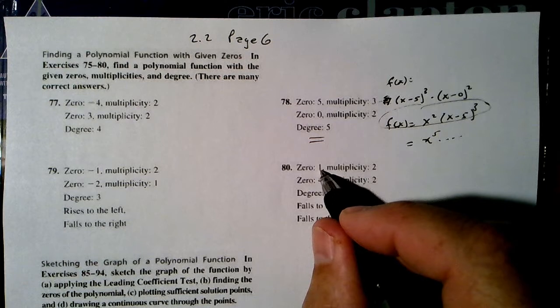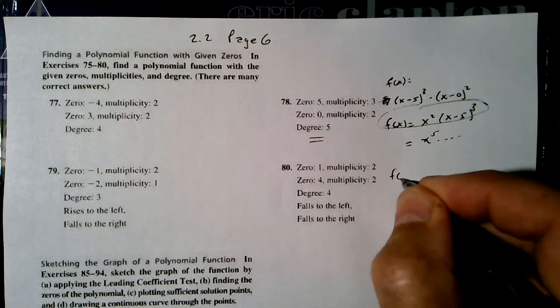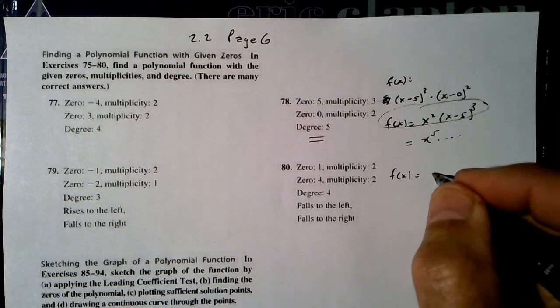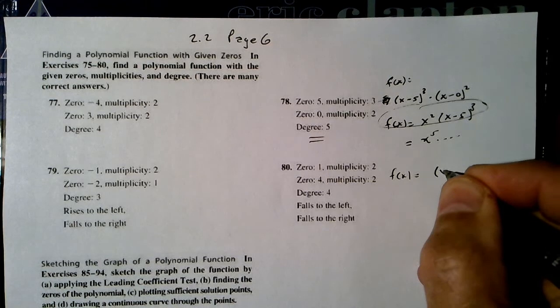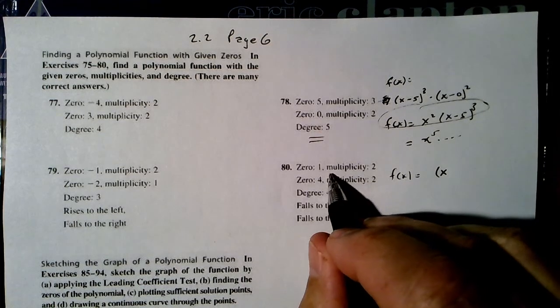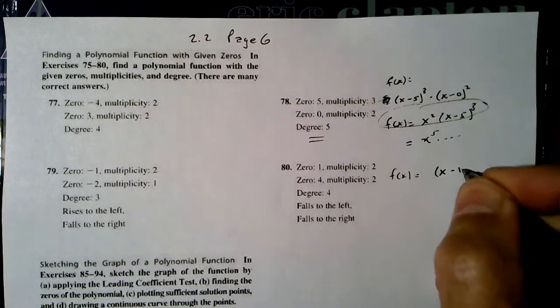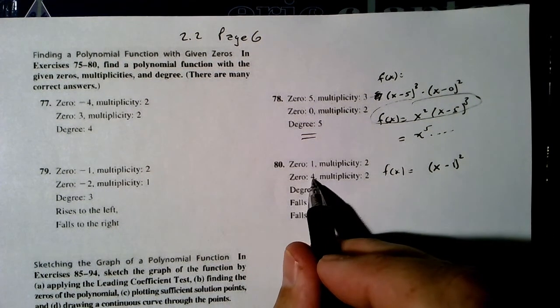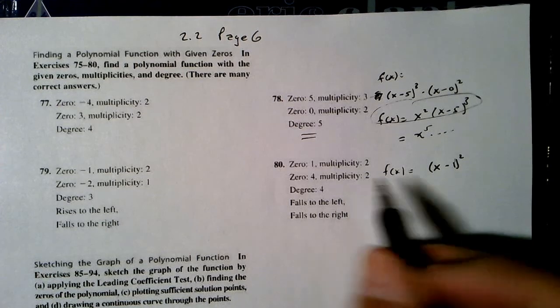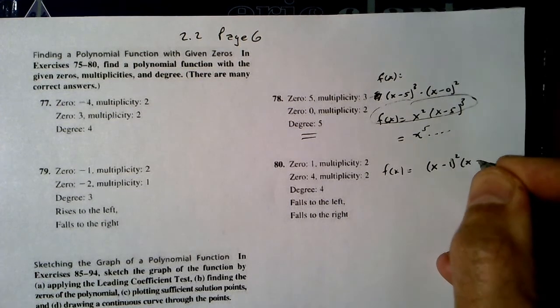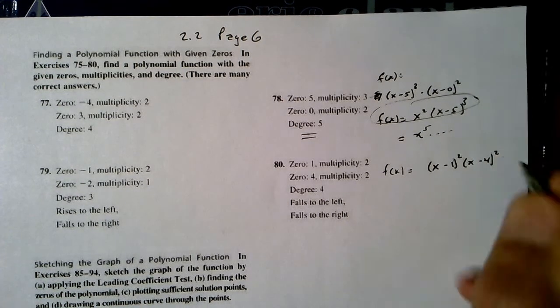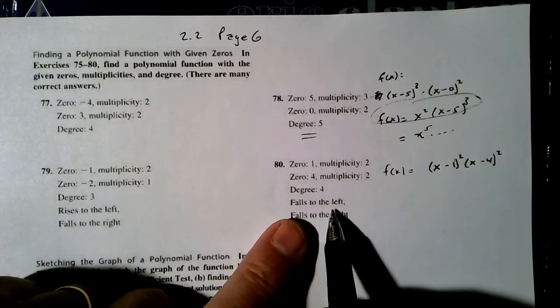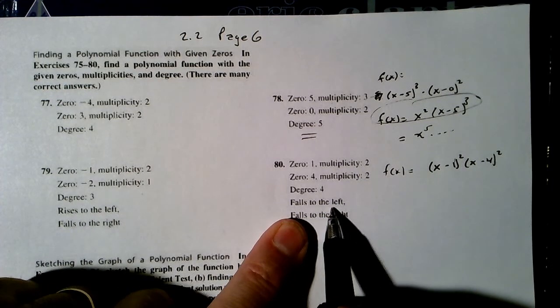Okay, 1 is a 0, multiplicity 2. That would mean x minus 1, we got a pair of those. 4 is a 0, multiplicity 2, x minus 4. This graph is supposed to fall to the left, fall to the right.